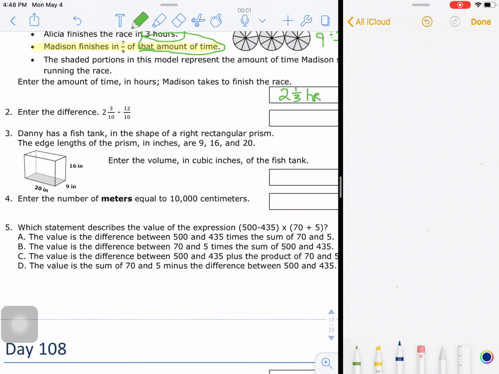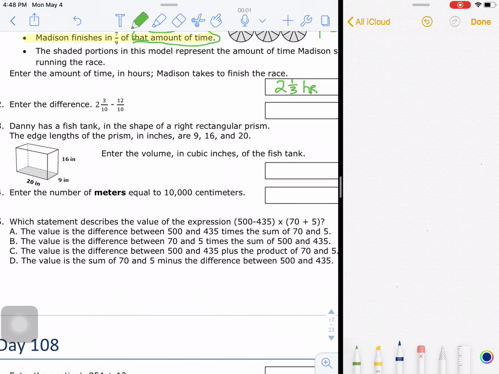Okay, problem number 2. Enter the difference. We have a problem that says 2 3/10 minus 12/10. The first thing I know is as I'm subtracting here, they have the like denominators already. So I'm simply going to be subtracting, and I know that I'm going to have to borrow. If I have 2 3/10 minus 12/10, I have to borrow from the 2, and that gives me 1 whole, and I take the other whole and make it into tenths.